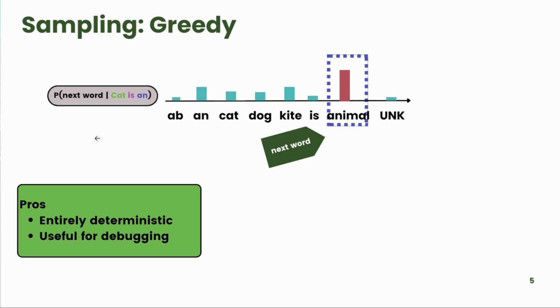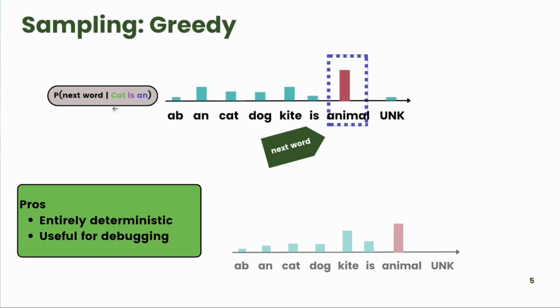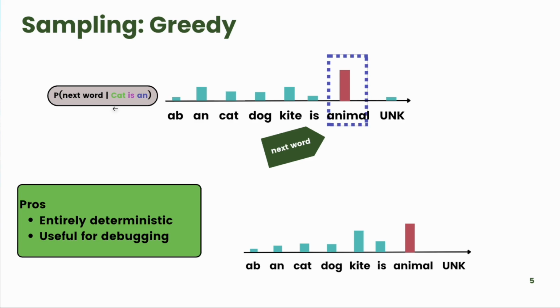But as you might expect, this usually leads to very dull outputs, right? Because you're choosing the maximum all the time, and because of that, there is no creativity left in the system. The system is not exploring any randomness which is resulting from this distribution. So the outputs are usually dull. And secondly, sometimes it's not very clear why you should just focus on the token that has the maximum probability. So consider this example.